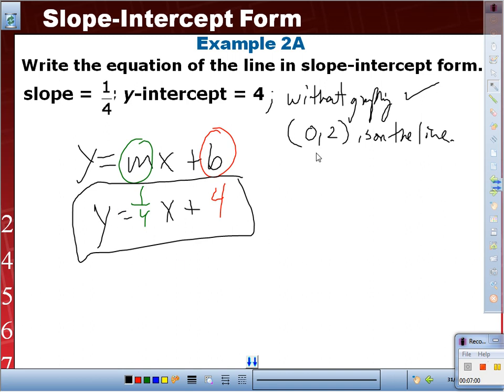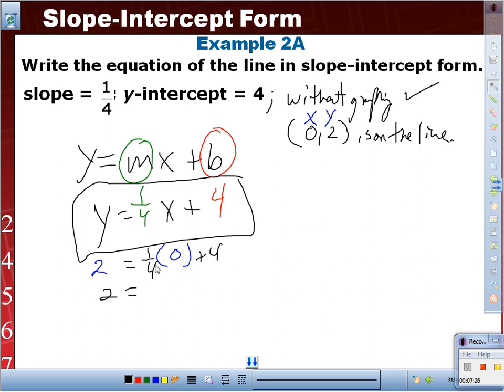So we're given an equation and we're given that point. Do you see the values for these? This is an x and this is a y, so what do you do with that and that? Substitute, that is correct. So instead of x, what do I write, everyone? 0, and instead of y, we write 2. So therefore this is 1/4 times 0 plus 4.